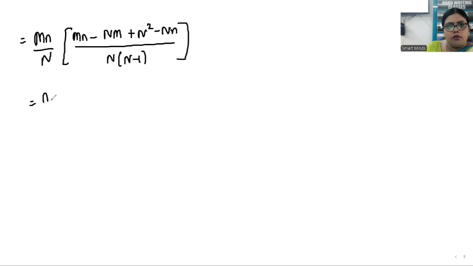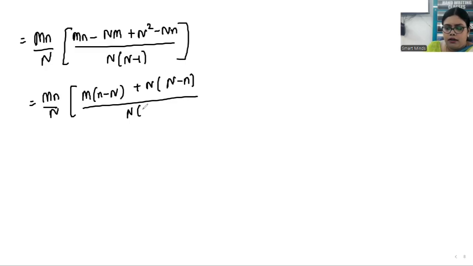That is equal to mn by N into, if I take m common, N minus n, plus, if I take n common, capital N minus small n, by N into N minus 1. That is equal to mn by N into, now here you have N minus n, here you have capital N minus n.